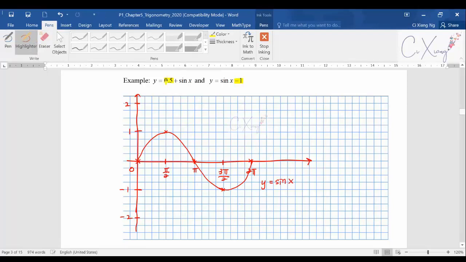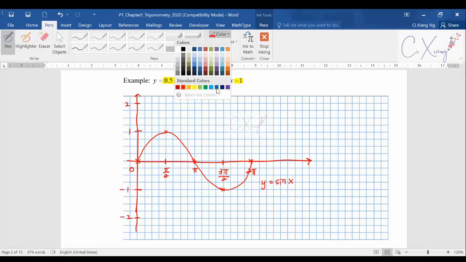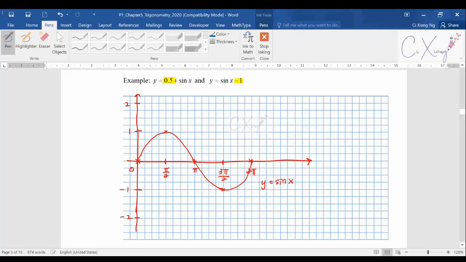Now for the first graph, they want to translate 0.5 unit up. So if they want to translate 0.5 units up, you use all the points here as reference points. There are a lot of reference points here, right? For every single point here, you move it up by 0.5 unit, which is 2 boxes in my graph.